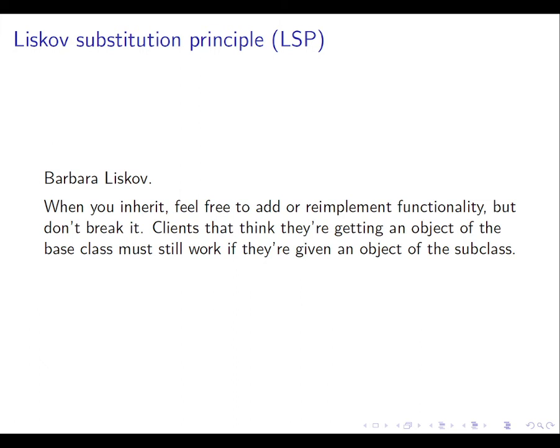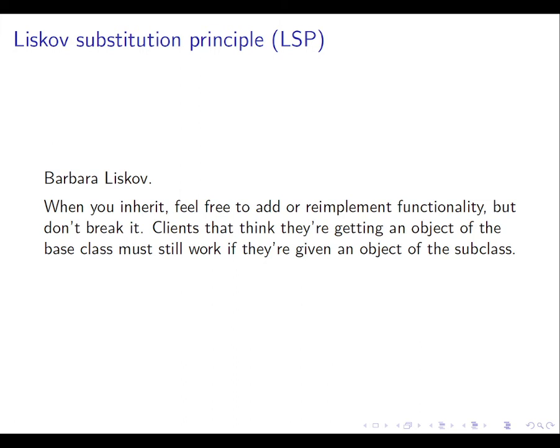Okay? And why would that be a problem? It would be a problem because the special customer class has overridden behavior of the customer class in a way which was unreasonable. So what we're trying to say here is really that testing your client with the base class ought to suffice to ensure that the client will still work even if it's given an object of the subclass.